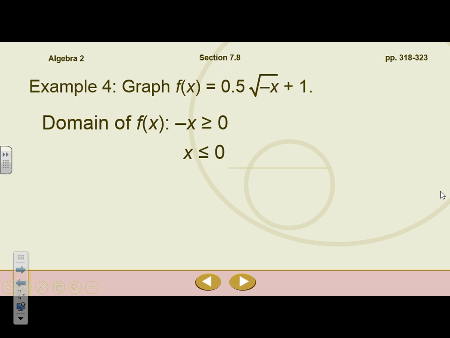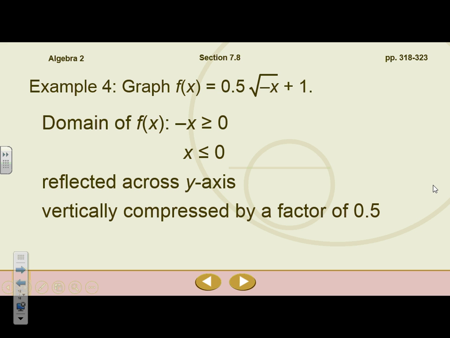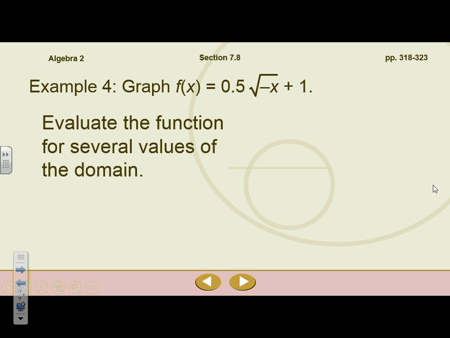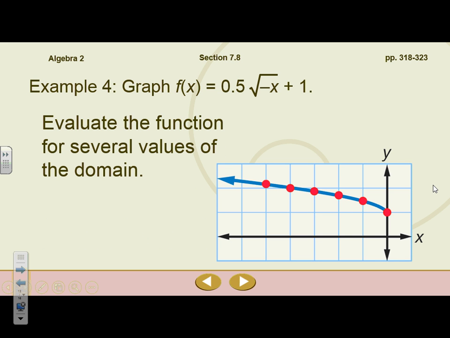It's going the other way. Are you with me? Okay. And we know it's going to go up or down? Up, it's positive. And we know, yeah, that it's going to have a little stretch or shrink. So it looks like that.